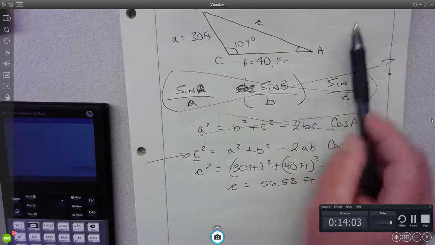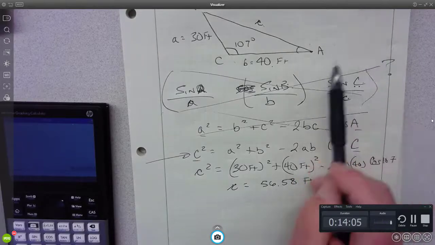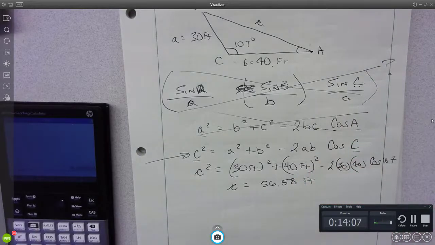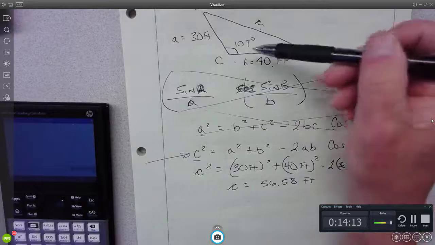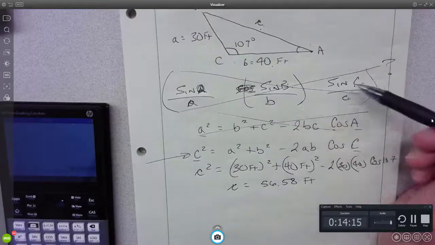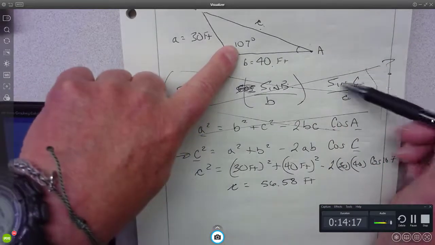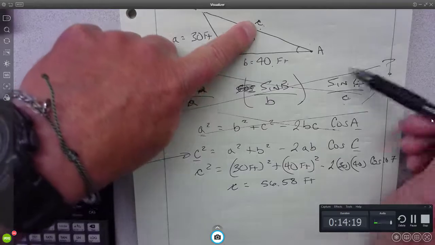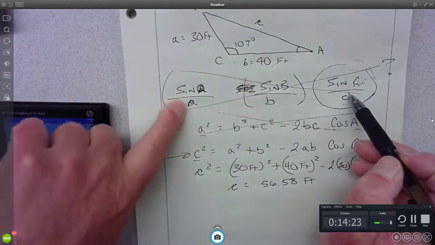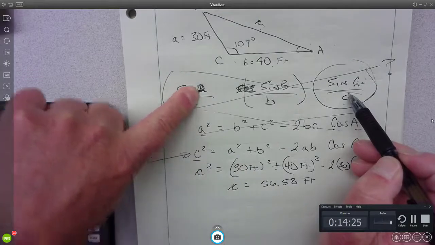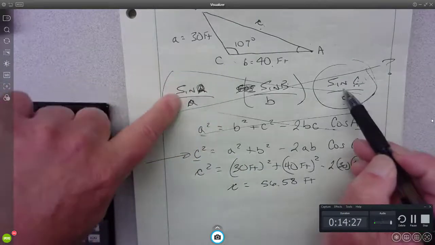Then to get A, because A was part of it, now I could go back and use the sine law, because I have this, right? This helps me with the sine law, because now I know sine C, sine of 107, and I know this. This is basically a number, and then I can go after A using this, these two.